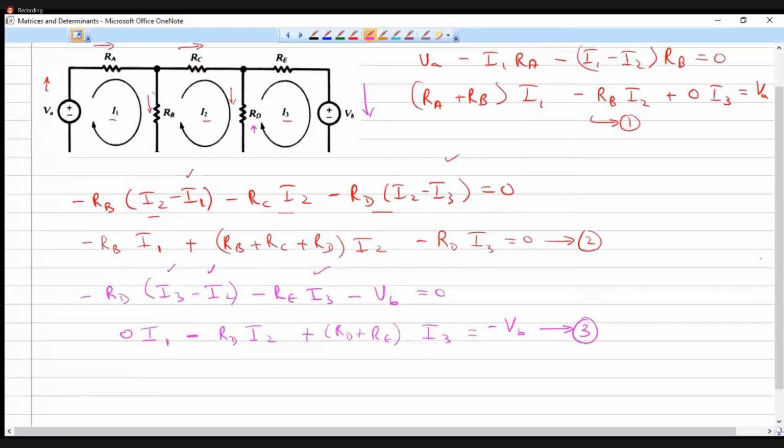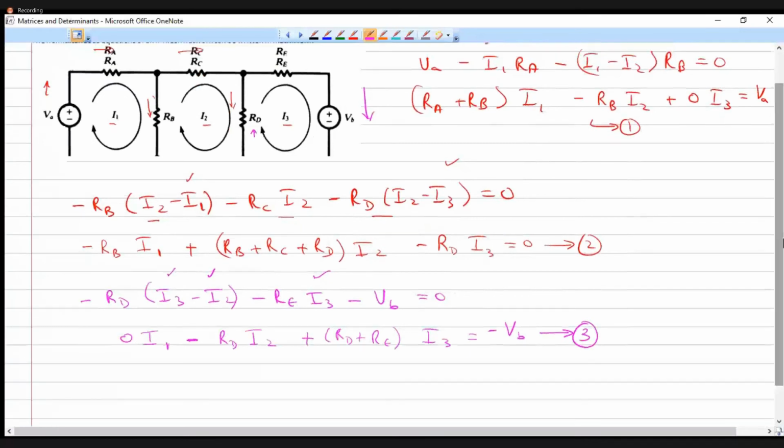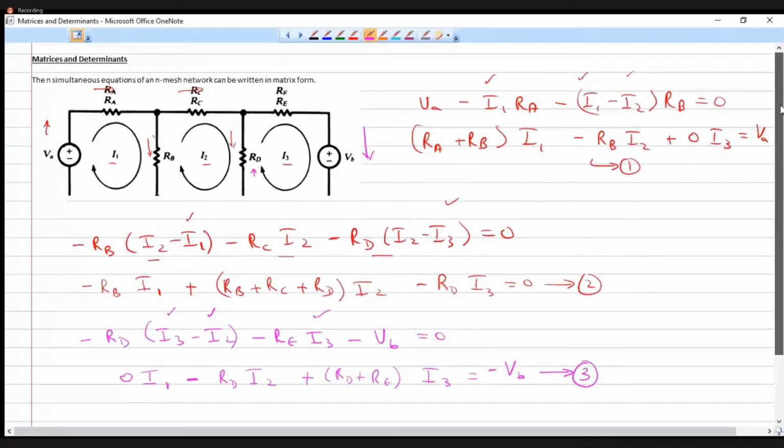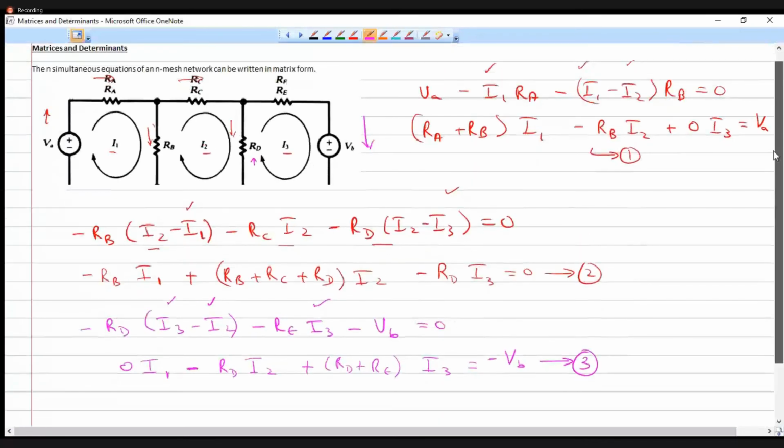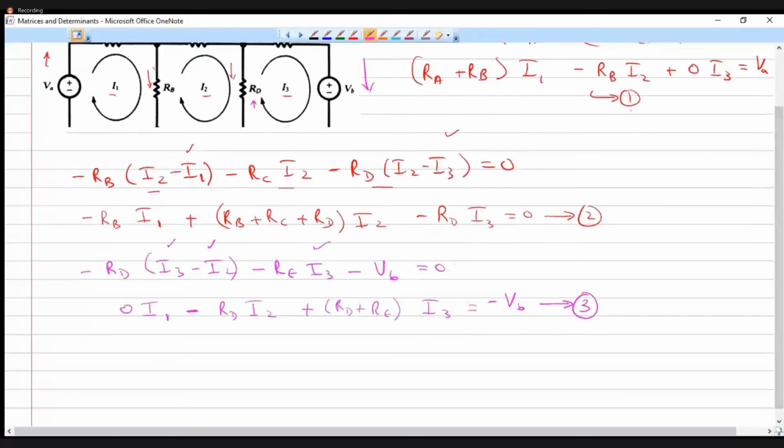So why I am writing like this is that I can now represent these three equations in a matrix form, because we are discussing the matrix method, matrices and determinants method of solving these networks. So how can I write all these three equations in a matrix form?